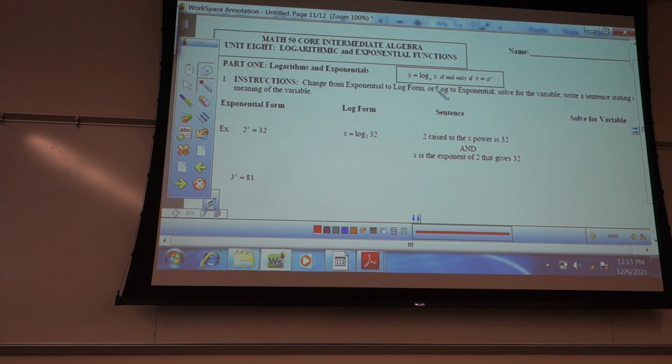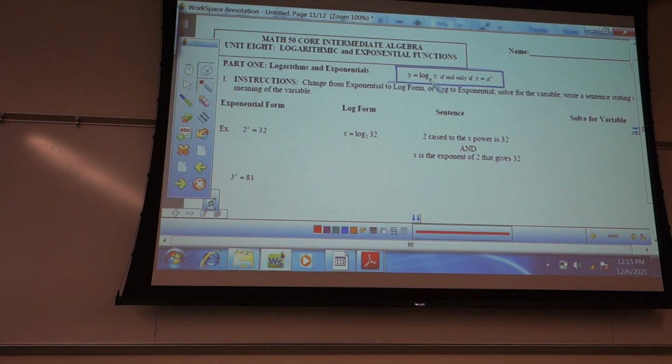Everyone sees this little box you have here? Mm-hmm. So y equals log sub a of x if and only if x equals a to the y. I like to flip it around the other way.